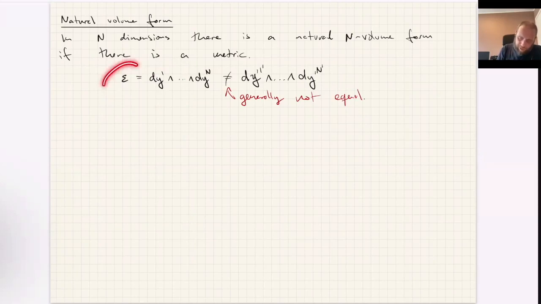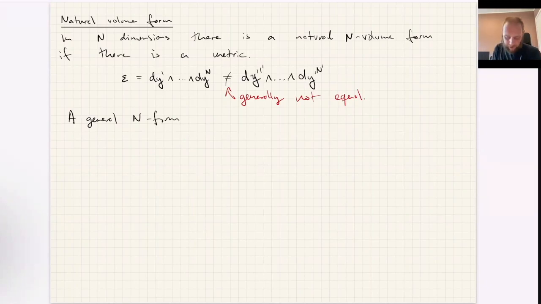So I'm going to take this now, and I'm going to try to figure out, I mean, this will be a basis for the n forms wherever I am. So a general n form, let me write it omega, or whatever.